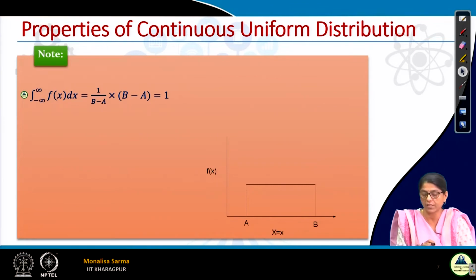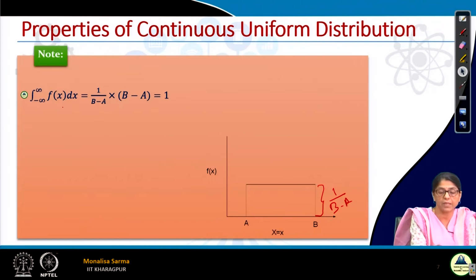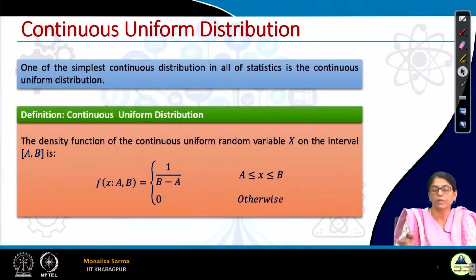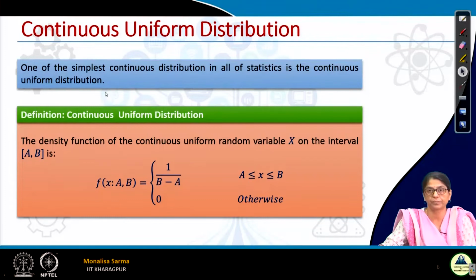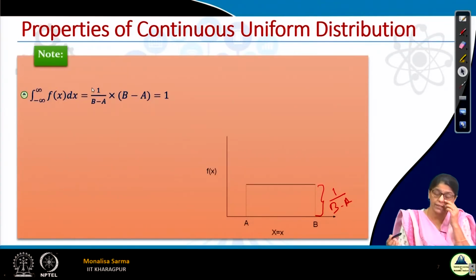So, if the integration of f(x) is equal to 1, what will be the value in this range? It will be 1 by b minus a, isn't it? So my f(x) will be 1 by b minus a. Directly we can get it, since the area of this whole rectangle is length into breadth, and this whole area has to be 1.